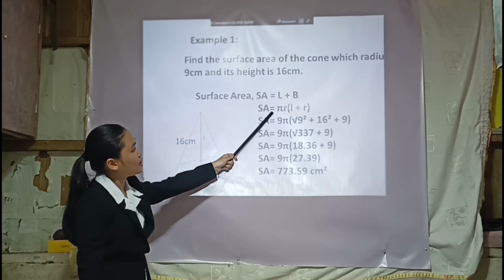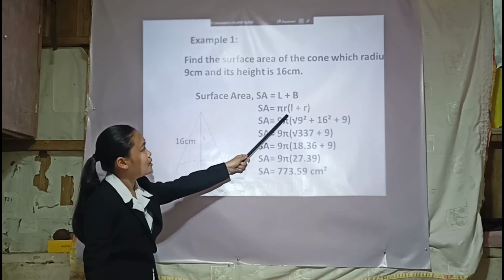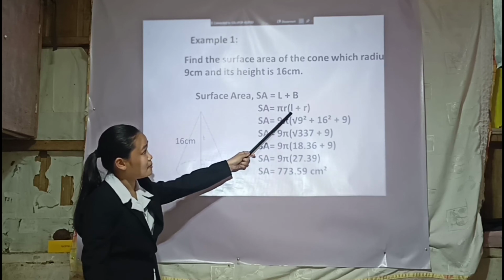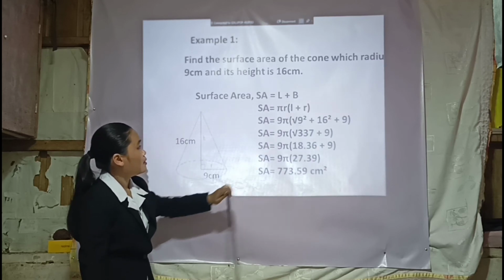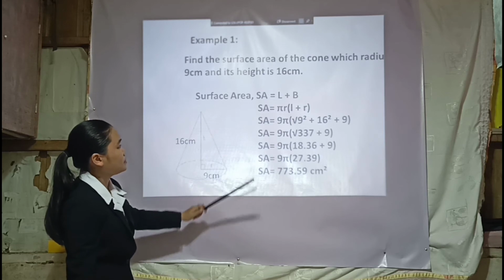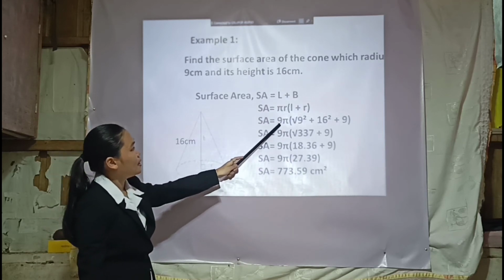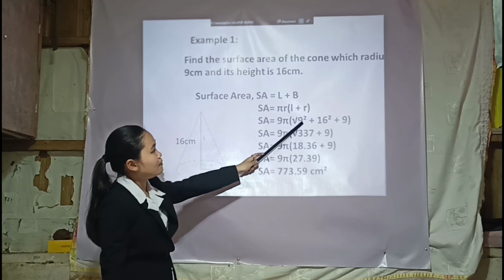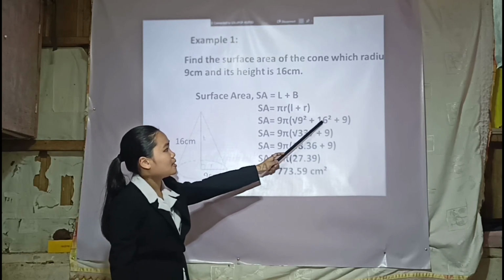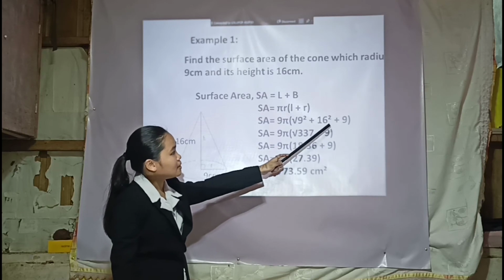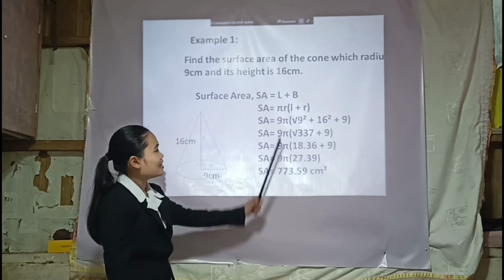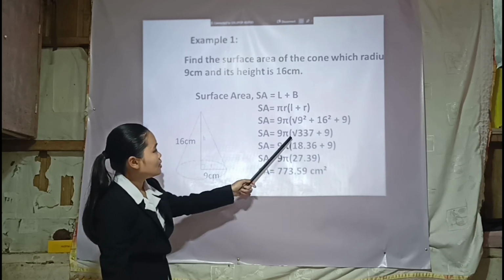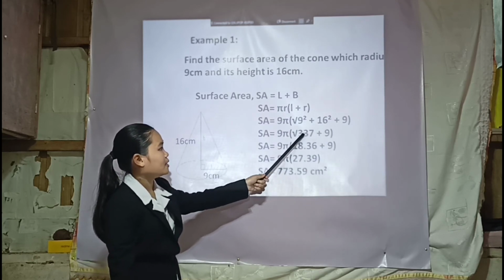Surface area equals pi times r times length, or slant height, plus r, or radius. Surface area equals 9 pi times the square root of 9 squared plus 16 squared, plus 9. The square root of 9 squared plus 16 squared is the square root of 337.